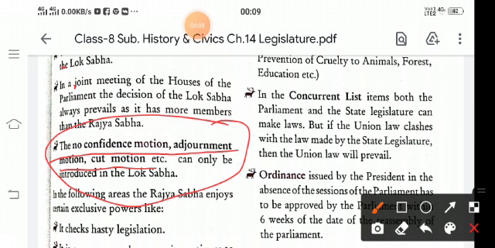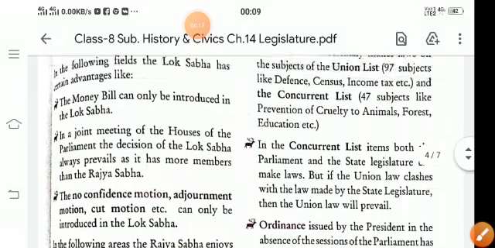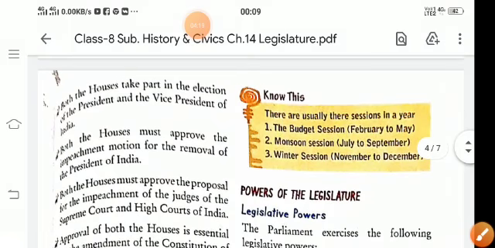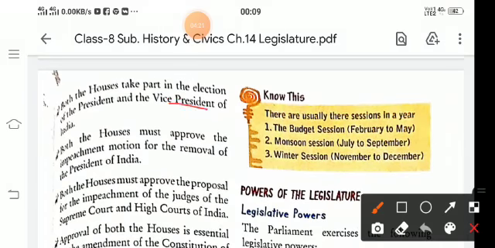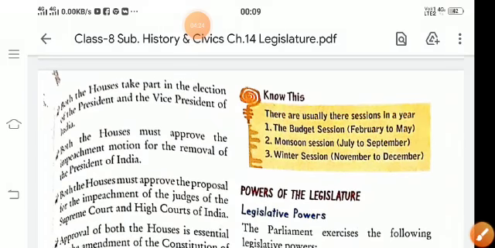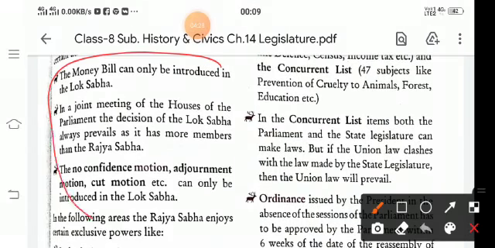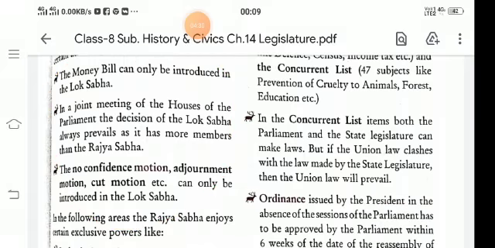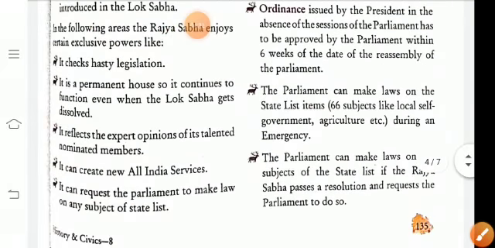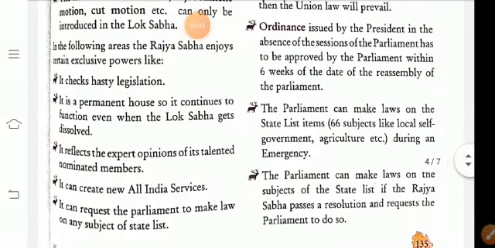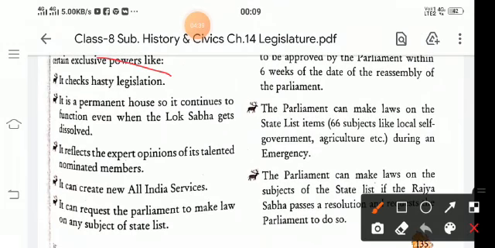In the following areas, the Rajya Sabha enjoys certain exclusive powers. See, first we have read about the common powers. Then we have learned about the Lok Sabha's individual powers. Now we will read about the individual powers of the Rajya Sabha. What are these?